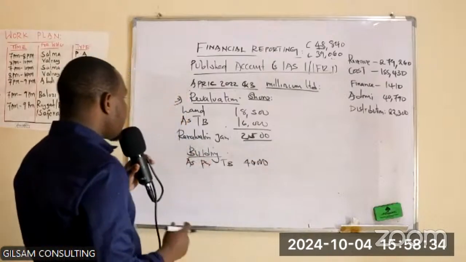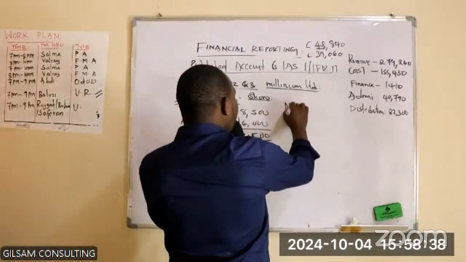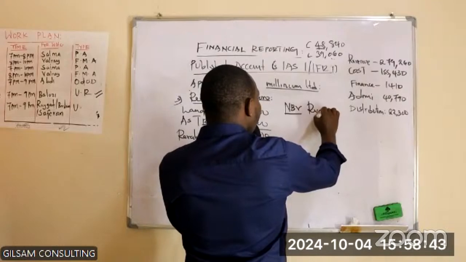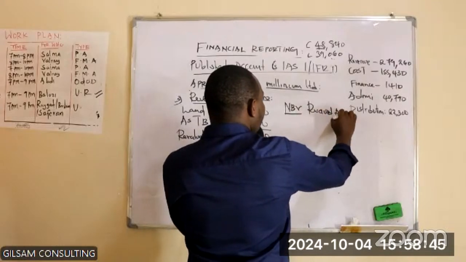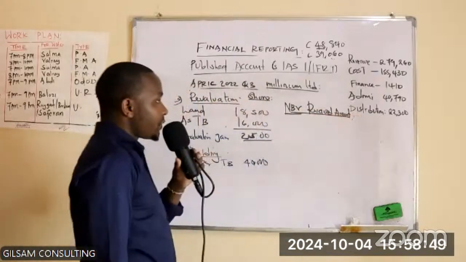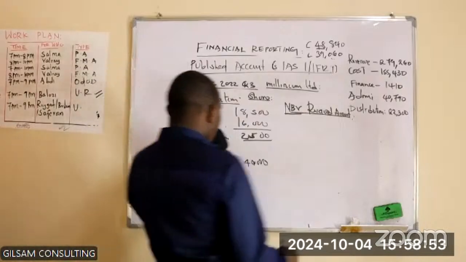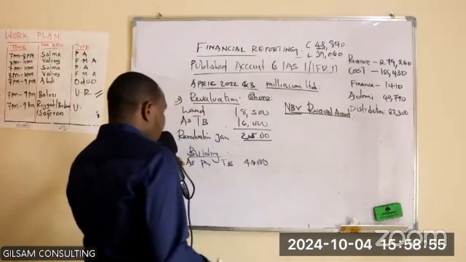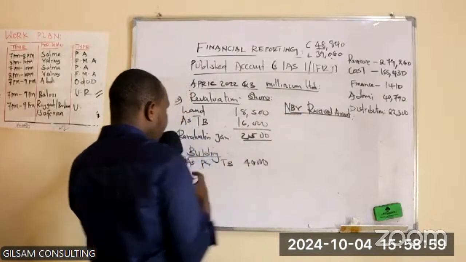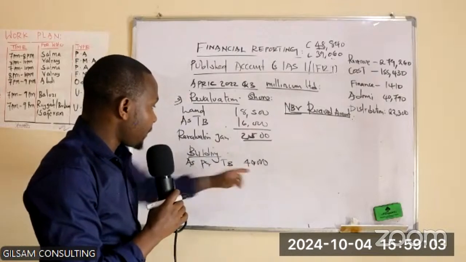And then let's look at the revalued amount, the net book value. We have been given the revalued amount, but we want to get the net book value of this 40 million.